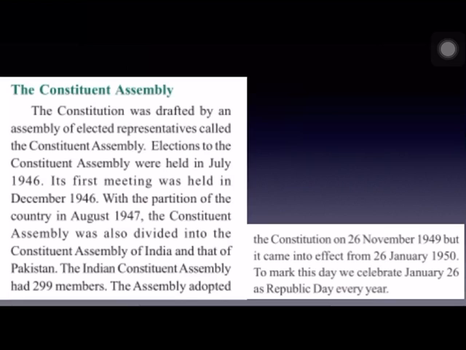And the new constitution was adopted by the Constituent Assembly on 26th November 1949 and it was implemented on 26th January 1950. And to mark the implementation of our new constitution, we celebrate Republic Day on 26th of January every year.